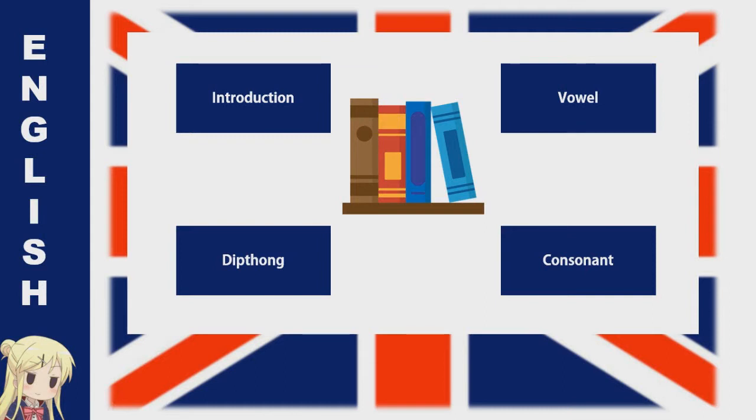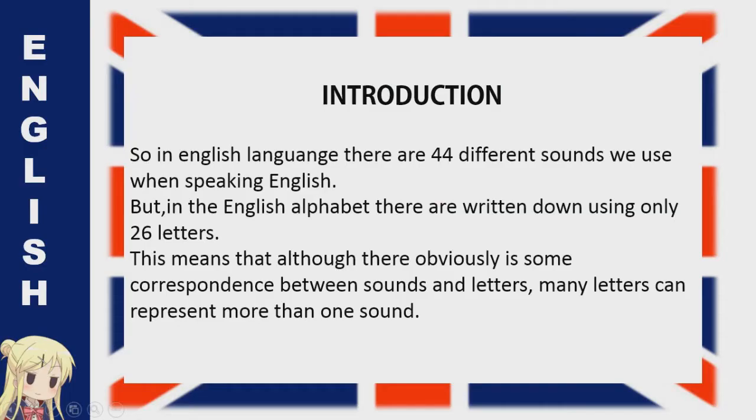So for the start, let's begin with some introduction. In the English language, there are 44 different sounds we use when speaking English. But in the English alphabet, they are written using only 26 letters, like A, B, C to Z. So this means that although there is some correspondence between sound and letter, many letters can represent more than one sound.